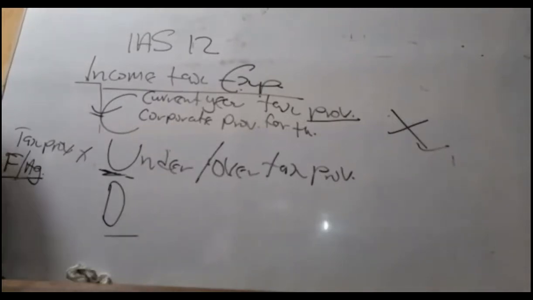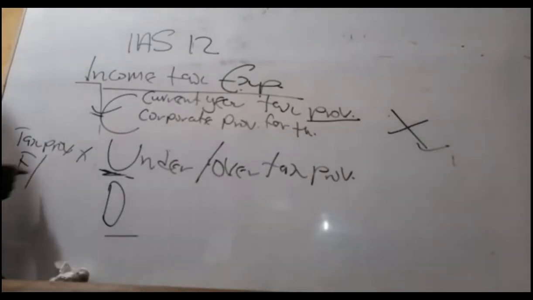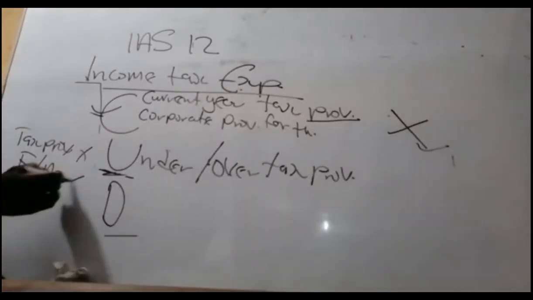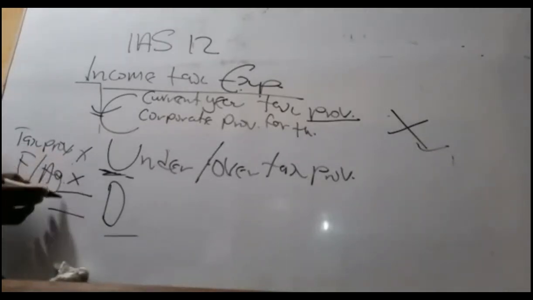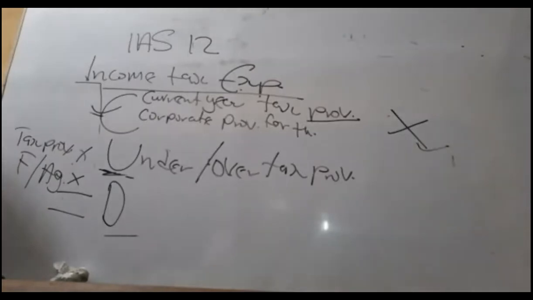You have to see any of these two words there: final or tax agreed. So the final tax or agreed with the tax authorities. If what you provided is more than what they agreed on, then it will be what? Over provision. Now, if what you provided is less, then it's called under provision.